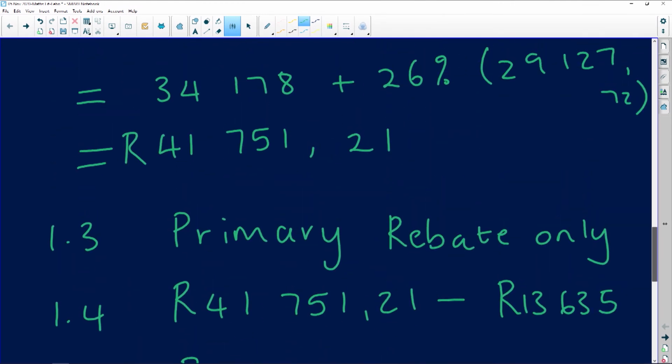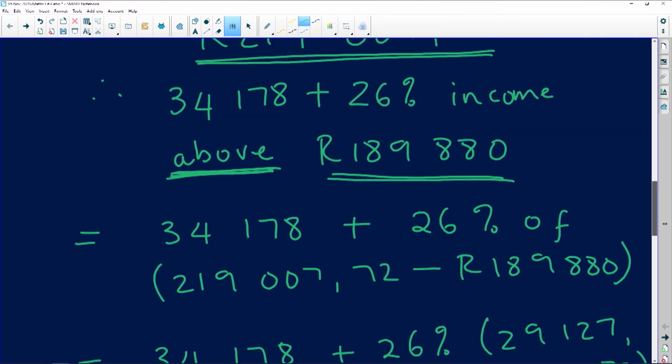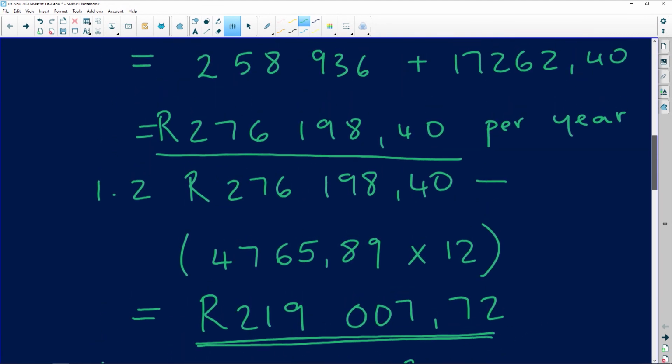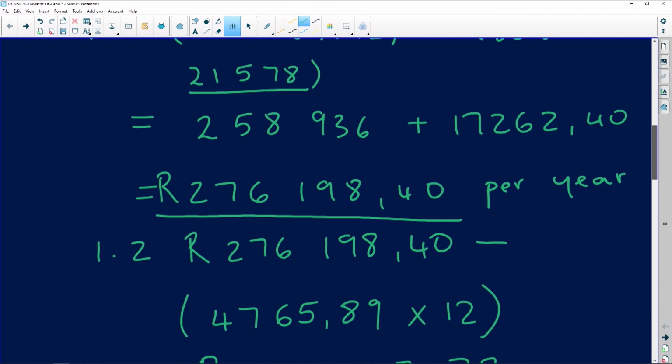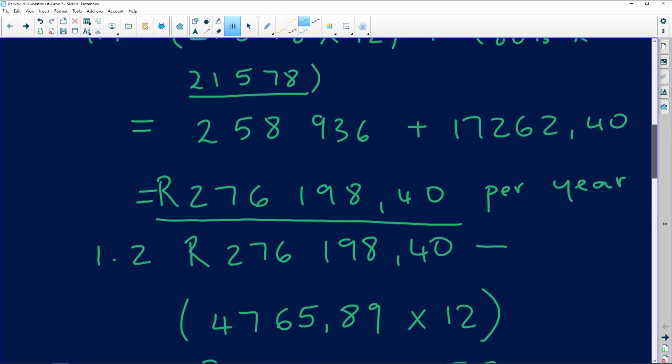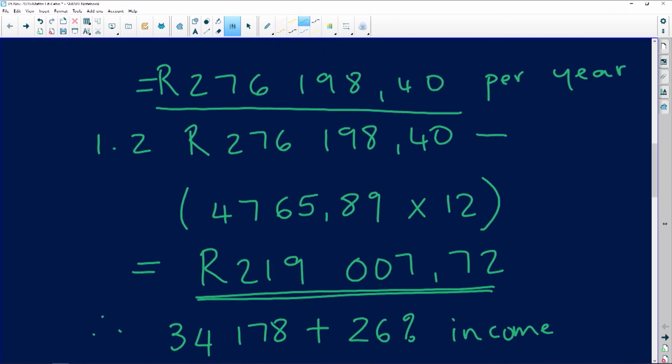So that amount is this. Here it is. It's this amount. So we deducted medical aid because you cannot be charged anything in terms of that. So all we do is take that amount and divide it by 12.